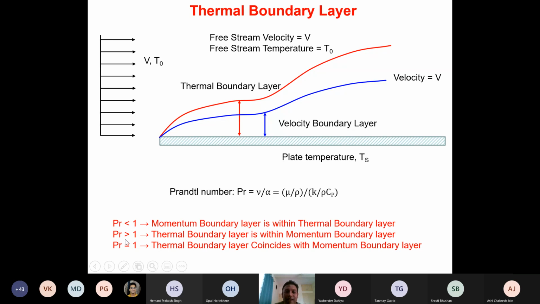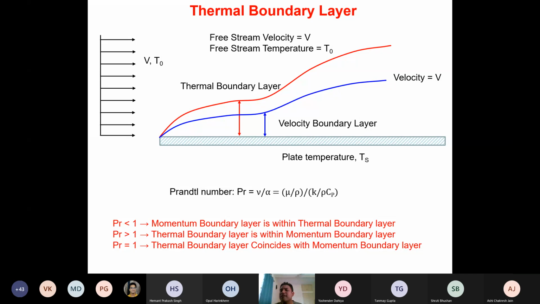When the Prandtl number is greater than 1, the velocity boundary layer is going to have a higher thickness than the thermal boundary layer. And when the Prandtl number is equal to 1, the thermal boundary layer is going to coincide with the momentum boundary layer. In fact, for air, the Prandtl number is 0.69, which is less than 1.